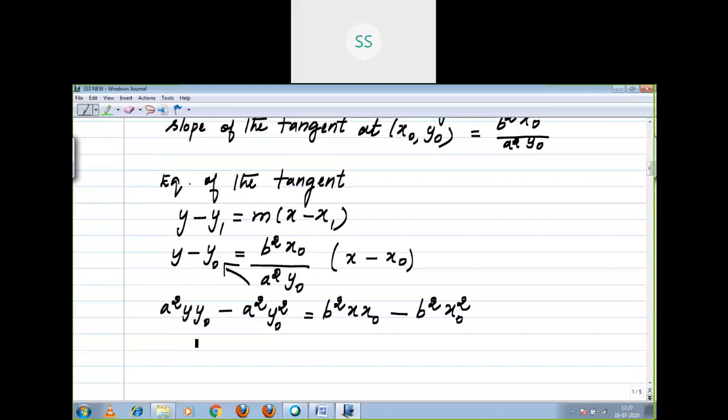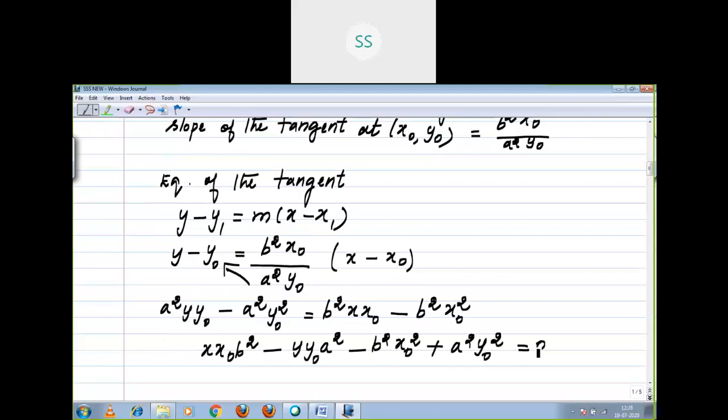That means right hand side you are going to make it as 0. Now b square x naught x minus a square y naught y minus b square x naught square plus a square y naught square equal to 0.